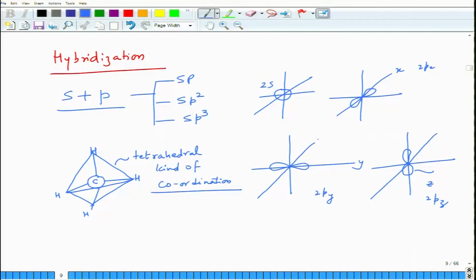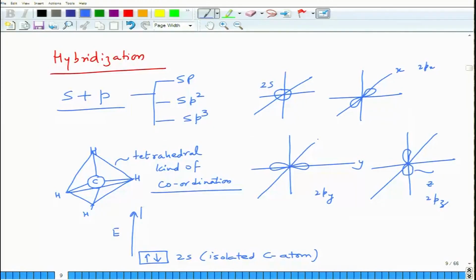So hybridization basically gives you, if you look at the energetics, this is for example the energy scale. The isolated carbon atom has 2s, okay. This has spins like this, this is satisfied, all right.